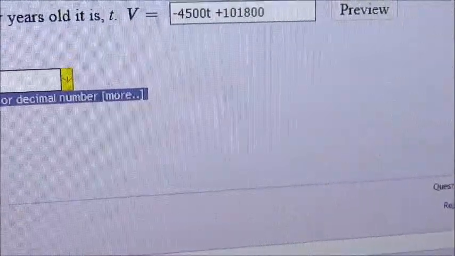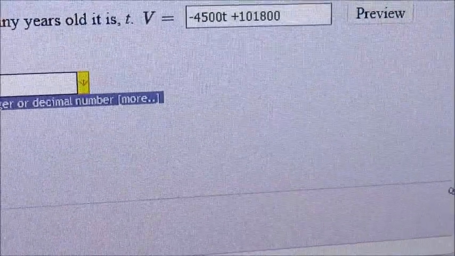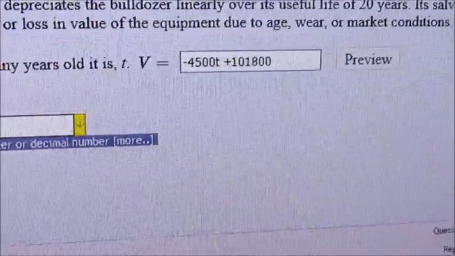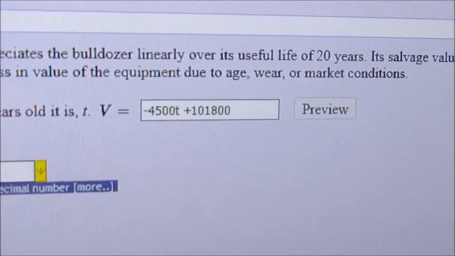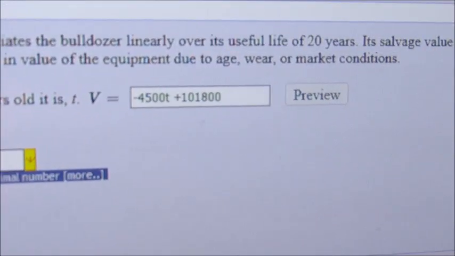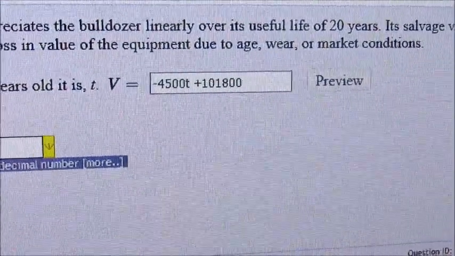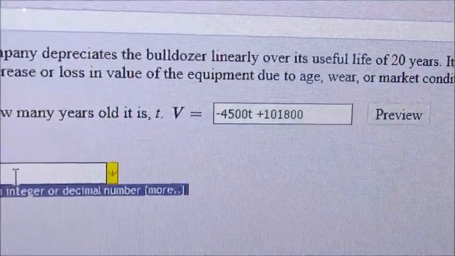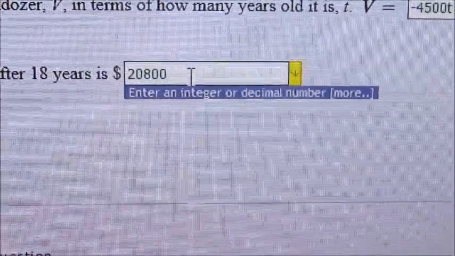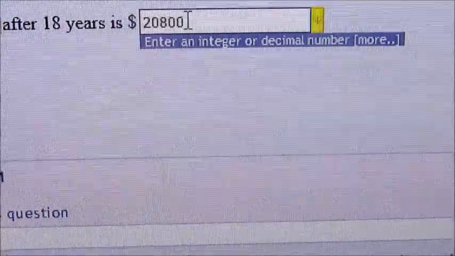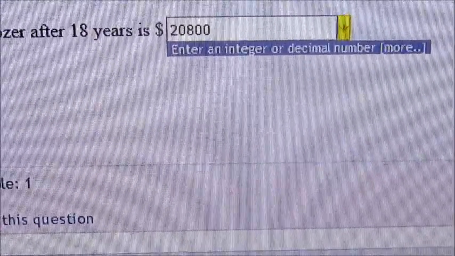So we're going to multiply the negative 4,500 times 18, and then we're going to add the 101,800, and we're going to get 20,800. And that will be what the answer is after 18 years. Okay, so we got those right. That's how you're going to do those.